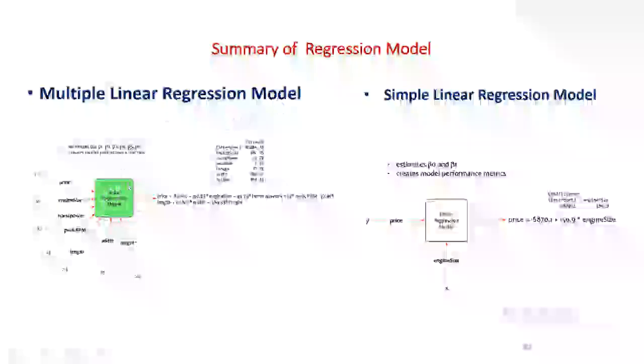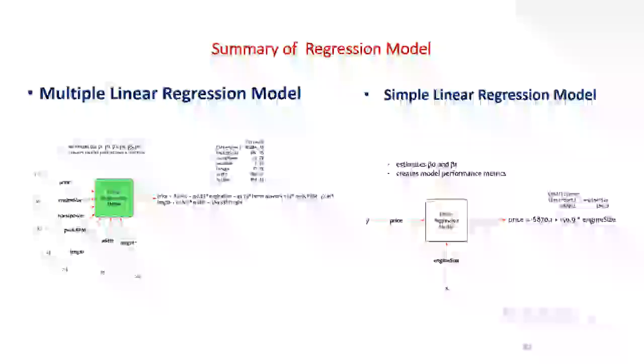So on the left side, multiple linear regression. This is your ML model, let's say, and y is the price, and now you have different independent variables. So let's say engine size, horsepower, peak RPM, length, width, and height of, let's say, a car, maybe a four-wheeler. These are some factors which play an important role in the price of that model.